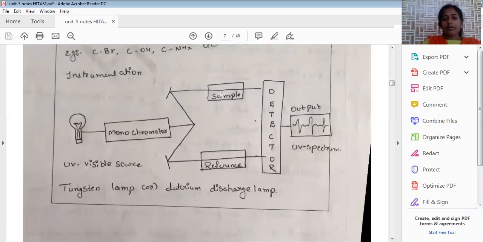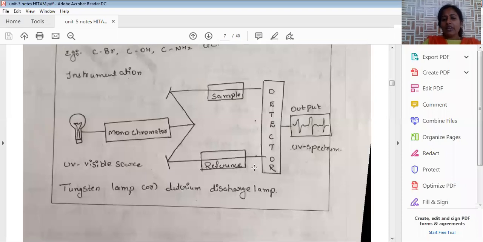One light beam passes through the sample whose spectrum we want to determine. The second passes through the reference compound, which is kept fixed. The intensity of the initial light is extremely high compared to the light coming from the sample and the reference compound, because some of the light is absorbed by these two compounds.